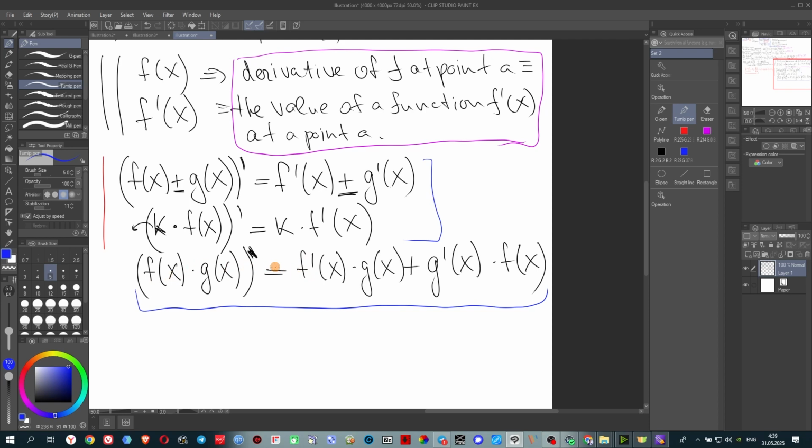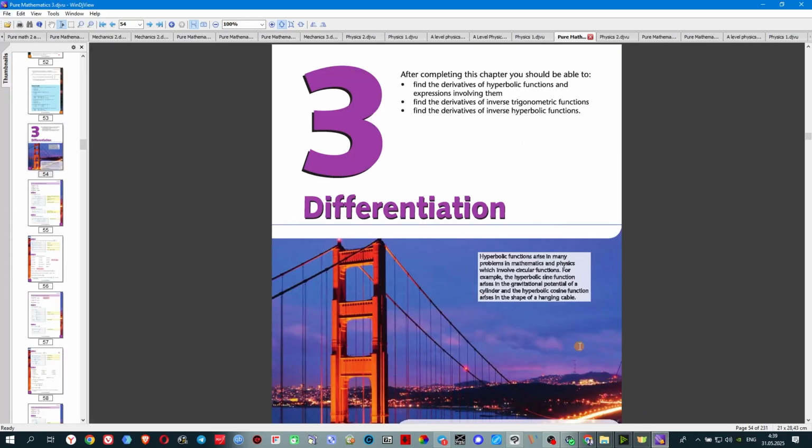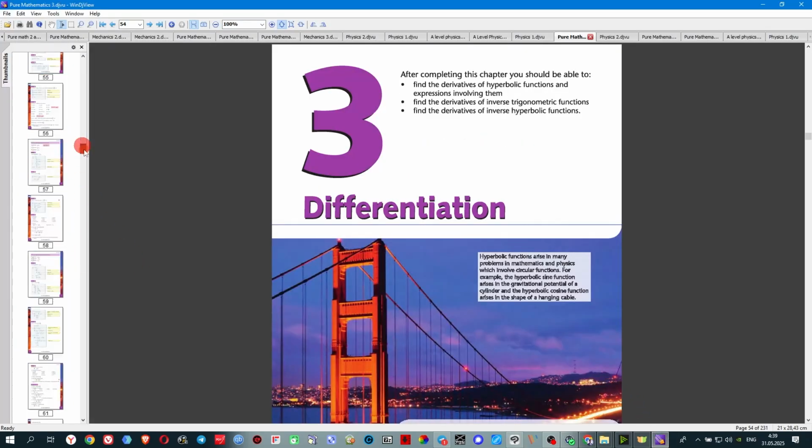The derivative of a product equals the derivative of one function times the other plus the derivative of the other function times the first one. Now we will use this formula. It's very simple again to remember. And let's go to some practical examples from our book. So we will go to page 61.